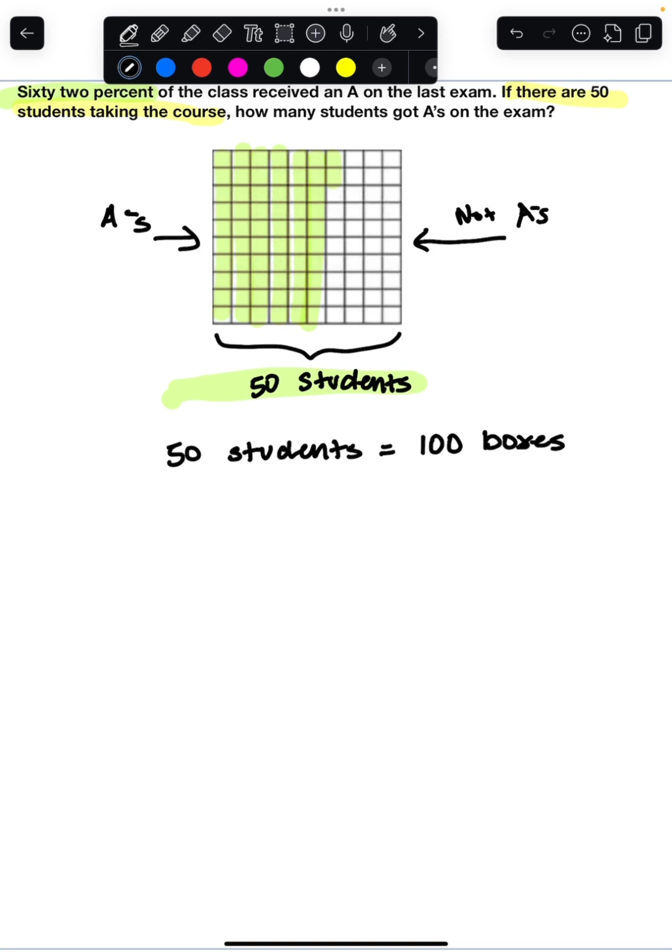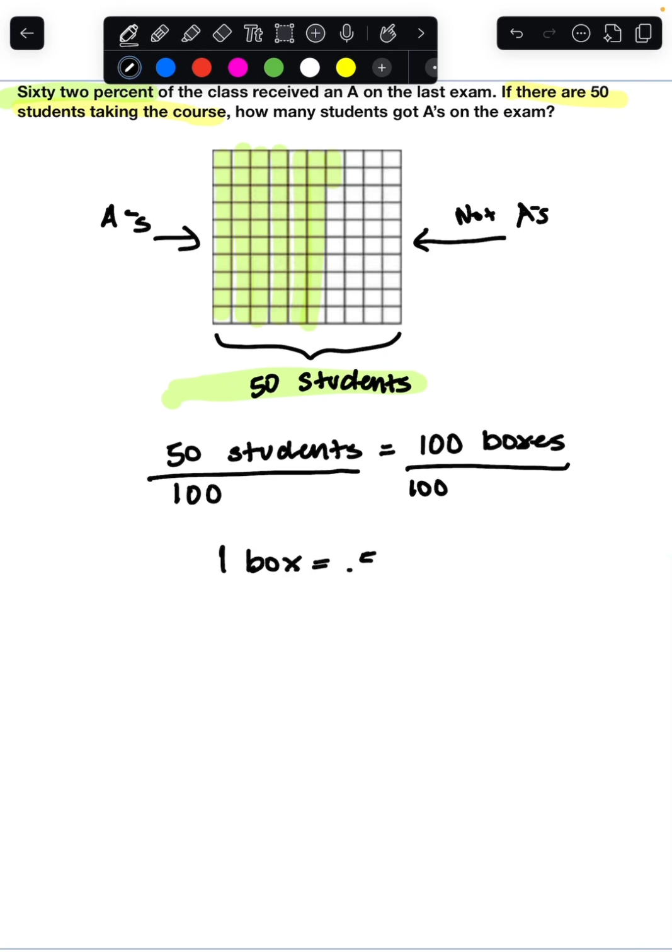So we're finding how many students represent each box, so we know how many students actually got A's. So let's do a little division. 50 divided by 100, one box equals 0.5, a half student.